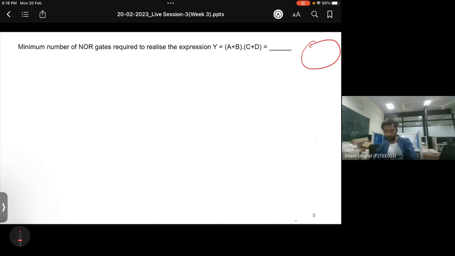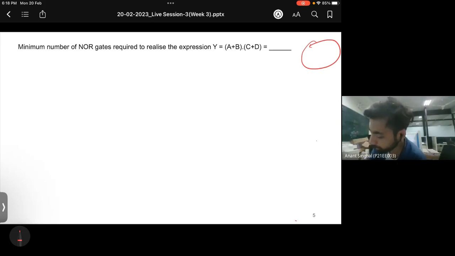No one else is getting any answer. I see three, four people have answered, and all of them are saying three NOR gates. Okay, so I'll try to solve it.